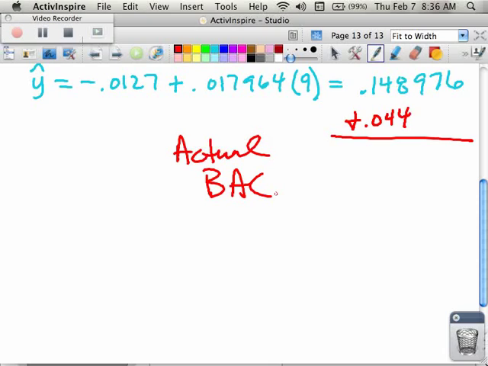So if somebody could add those two numbers together, please. Don't do the standard deviation thing. Just find what it would be with the residual. 0.193? Okay, so 0.193 is the actual BAC.